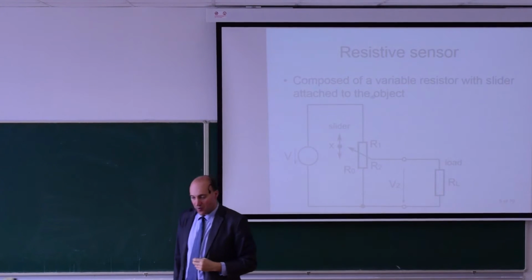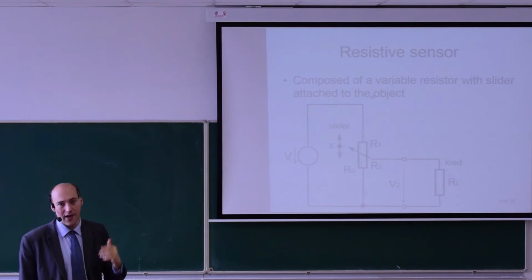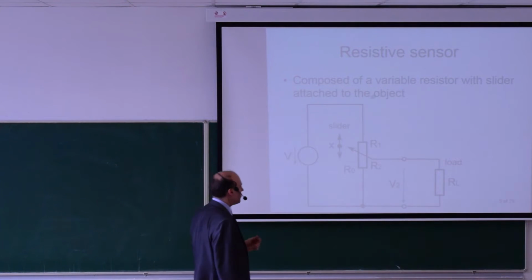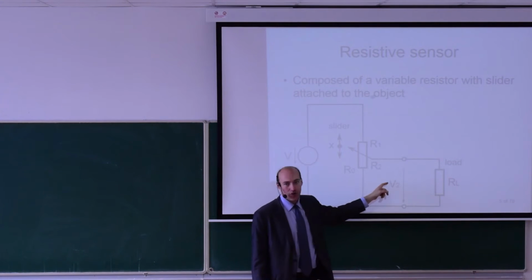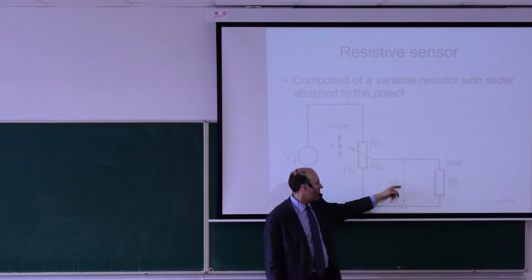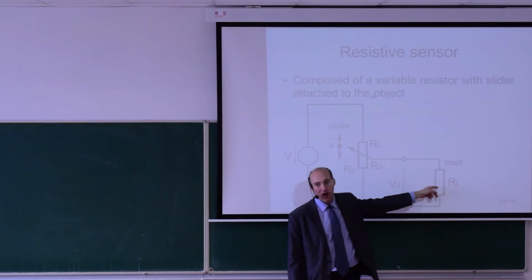We do not measure the electrical resistance directly, although we could do that. But we measure the output voltage of this connection. So here there will be some voltmeter. I will represent the properties of the voltmeter by this resistance, RL.